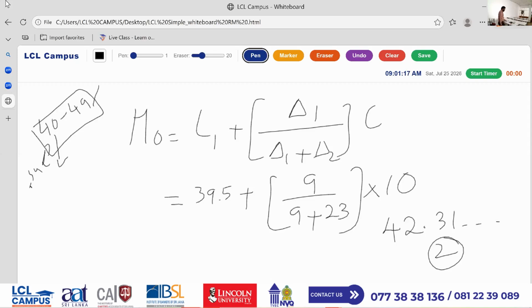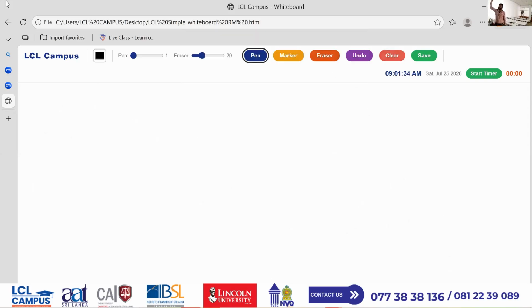Now, with the same example, I will change the frequencies a little, and you want to find the median, right? Because in the exam, they can ask either the mode or the median. I shall give the question.